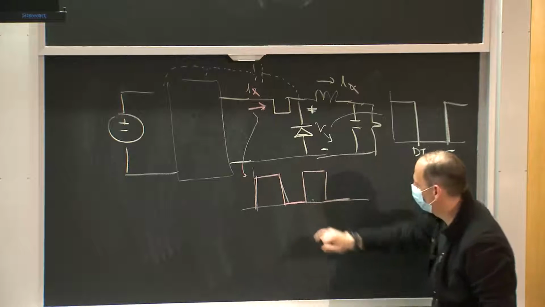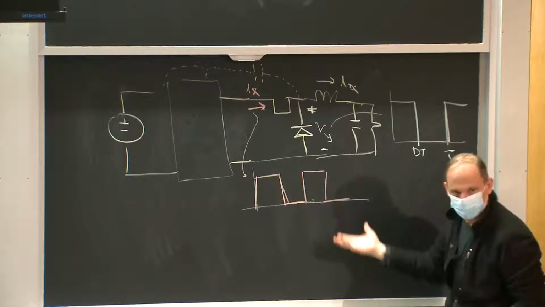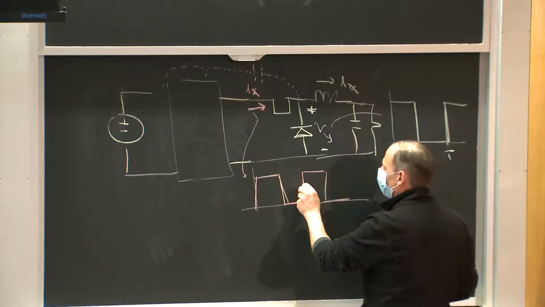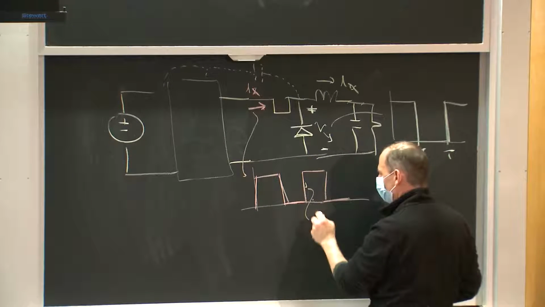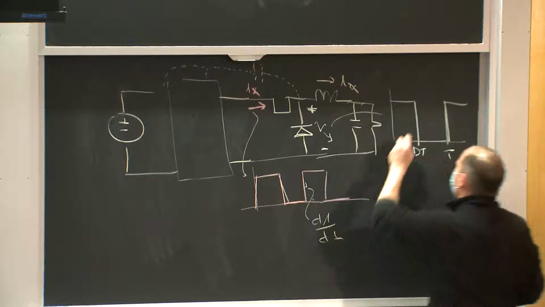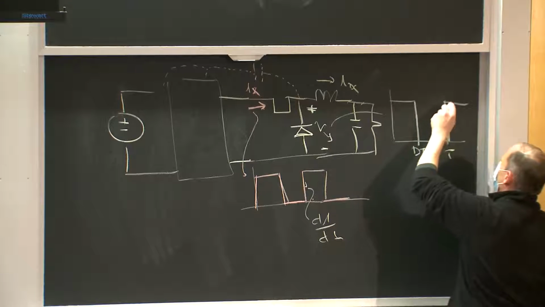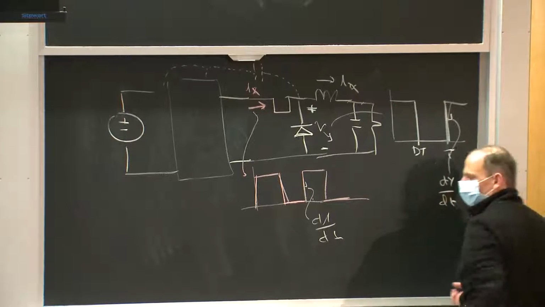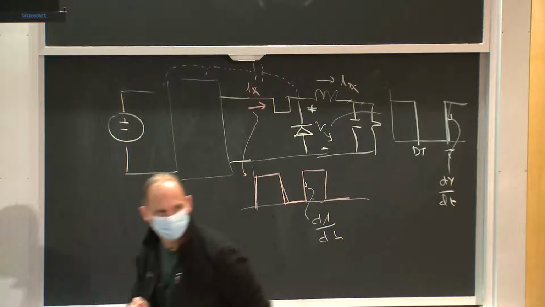So one of the things that influences how much EMI your converter generates is the dI/dt here or the dV/dt here. Does that make sense to everybody?